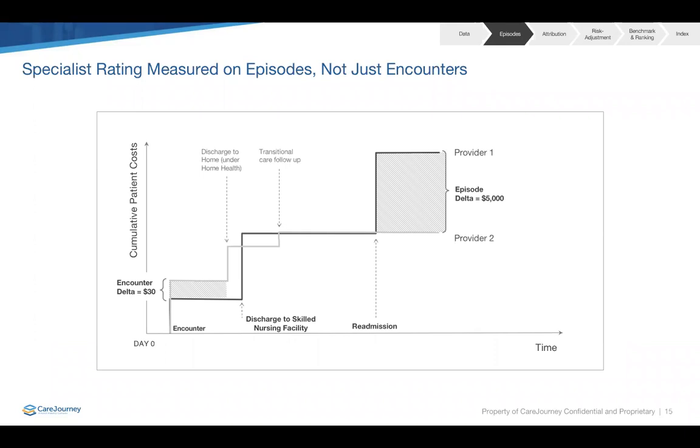And on the specialist side, that may only tell you a partial story. The patient's journey under their care, whether they went to skilled nursing facilities, did they have follow-up care, was there a readmission, all of those capabilities in the context of a patient's episode are critical in that part of the cost structure.